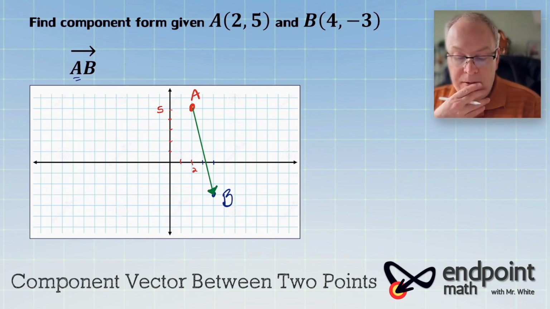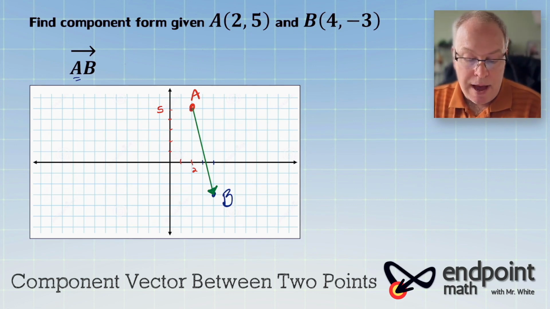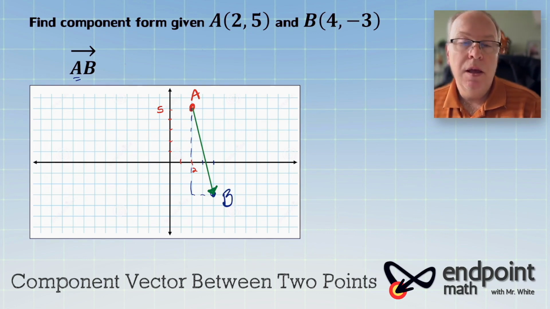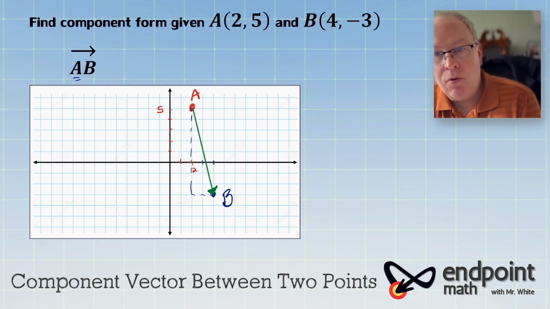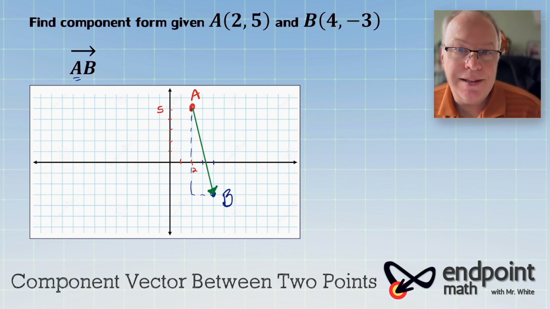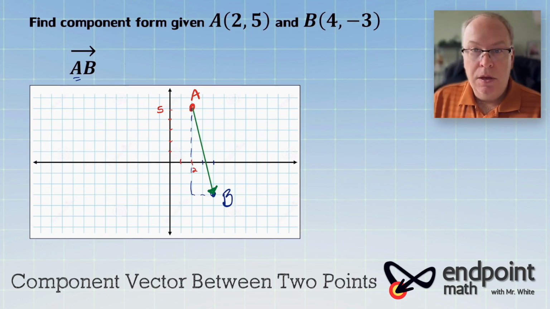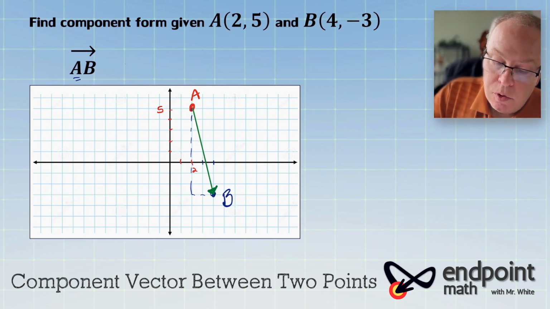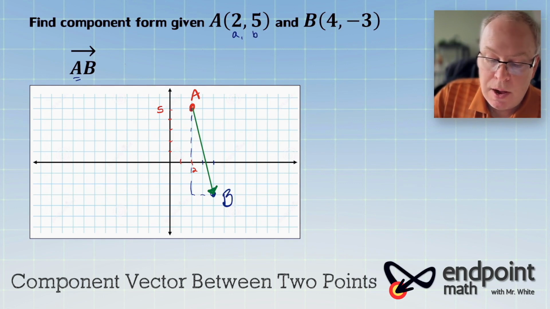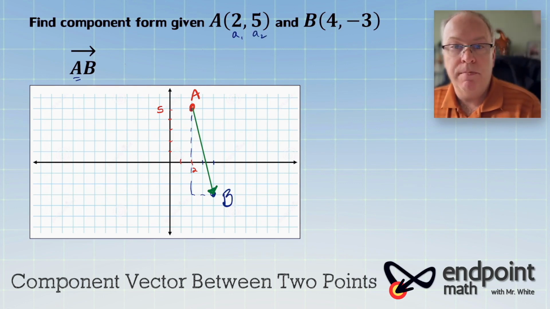So here's what we do. We think about, you remember doing slope? It was rise over run, right? So we found the rise by subtracting the y's. We found the run by subtracting the x's. That's what we're going to do here too. But this does have direction. So we'll call this a sub 1, and then a sub 2, the two components there.